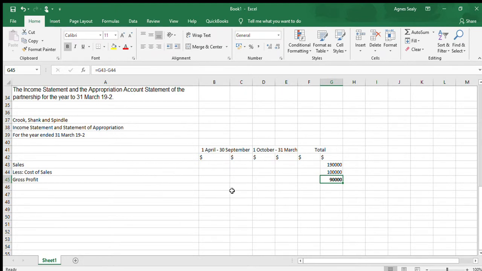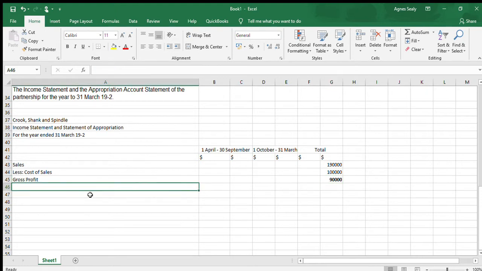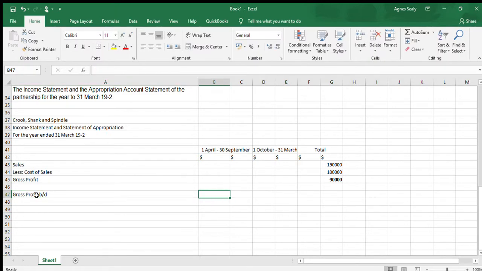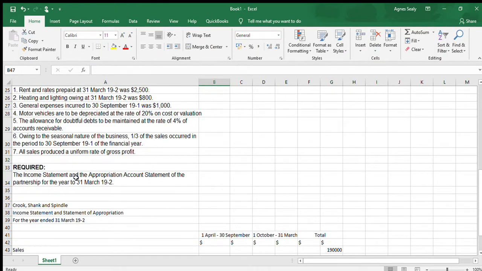Now that we have established that our gross profit is $90,000, we have to look at prorating this gross profit according to the change. Based on the information we were given in the question, owing to the seasonal nature of the business, a third of our sales were earned between April and September 30th, 19-1.